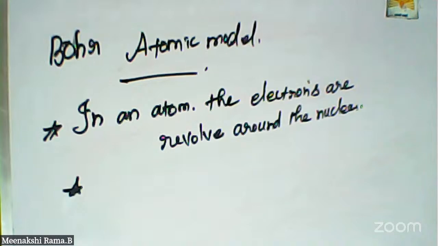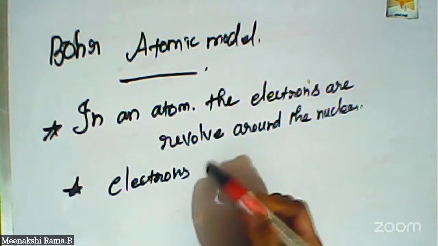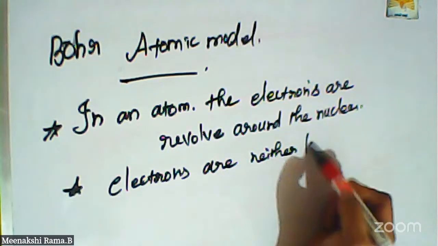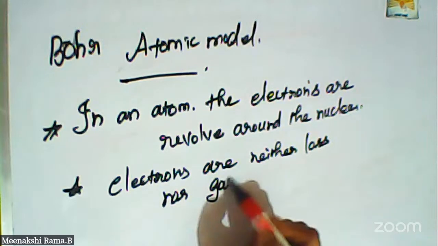In Rutherford's experiment, the electrons lose their energy, but Bohr's postulates are that the electrons neither lose nor gain energy.